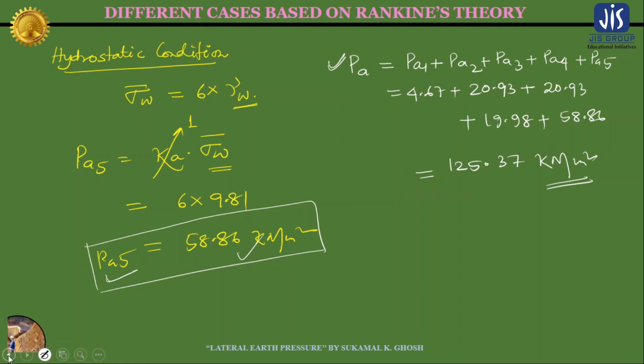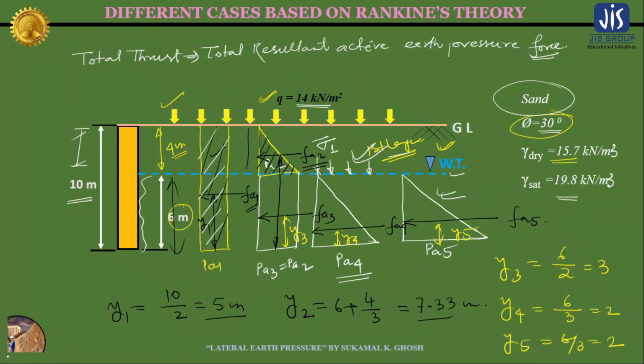Once we calculated and drew all the active earth pressure diagrams, we can calculate the resultant force for each pressure distribution diagram. For the first pressure distribution diagram it was Fa1, for the next it will be Fa2.